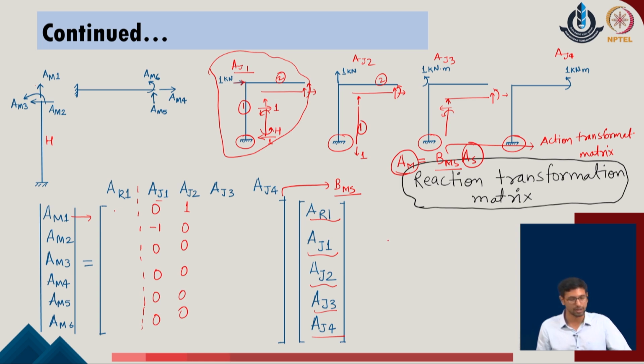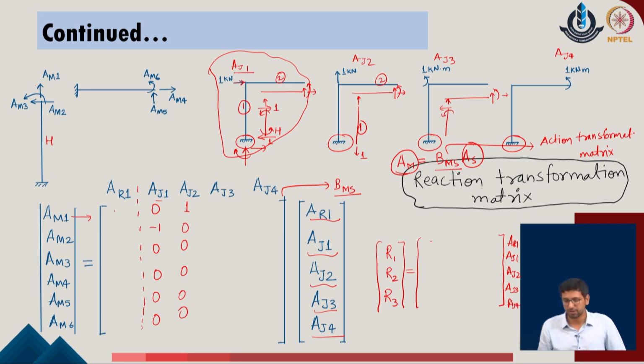In this given case, we have a system having 3 reactions. So we have 1, 2 and 3, these 3 reactions identified in the given problem. Corresponding to all these components of the action forces of the given system, one can identify a standard matrix which will be described with respect to all the action forces, say A of R1, A of J1, A of J2, A of J3 and A of J4 in the given system.